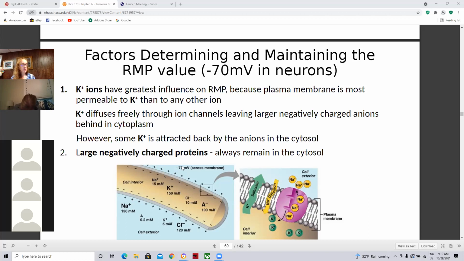Potassium diffuses freely through the ion channels, leaving larger negatively charged anions behind in the cytoplasm. However, some potassium is attracted back by the anions in the cytosol that are stuck there, the negatively charged proteins that are stuck there.